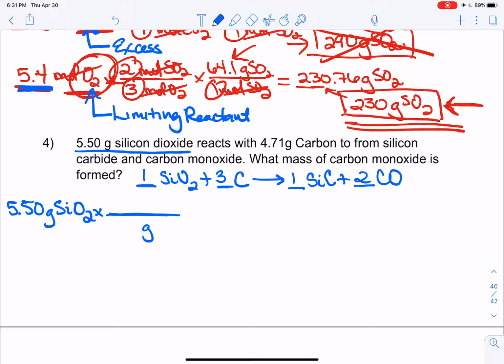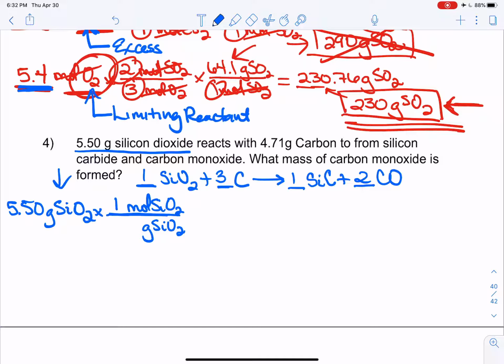So we're going to have grams of silicon dioxide on the bottom here because we want to get rid of grams of silicon dioxide up there. And we're going to have moles of silicon dioxide up here because we need to get to moles so we can get to a mole to mole ratio so we can switch over to carbon monoxide. All right, whenever we're in a molar mass, you're going to have 1 next to the mole, and then for the mass of silicon dioxide, you guys are going to need to add that up.